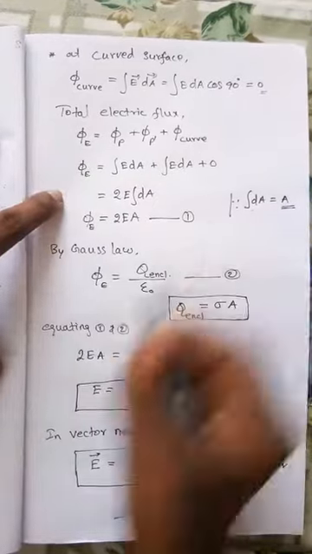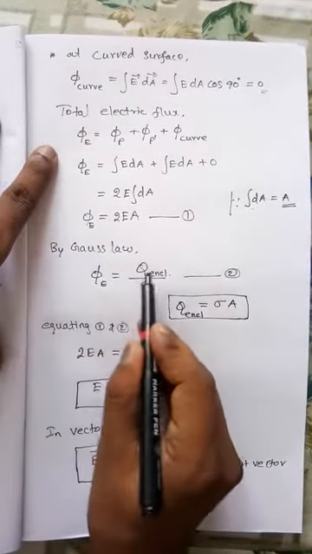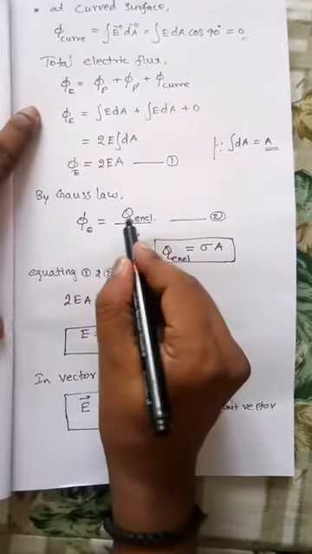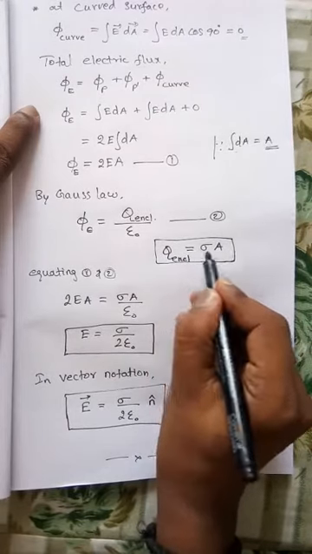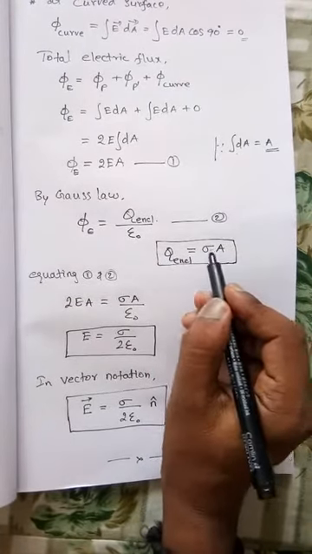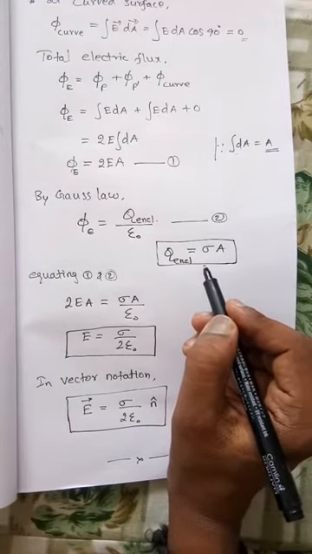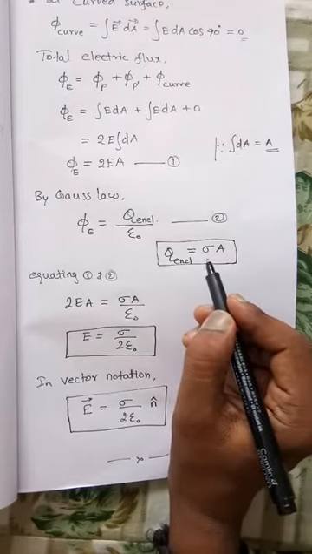Take this as equation number 1. By Gauss law, you know that phi E is equal to Q by epsilon naught, where Q is the enclosed charge. We want to find the Q value. You know that Q is nothing but sigma into A. In the previous question, Q was lambda into L, because lambda is the linear charge density and L is the length of the wire.